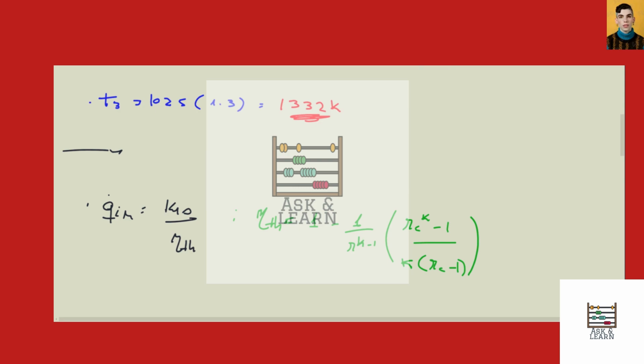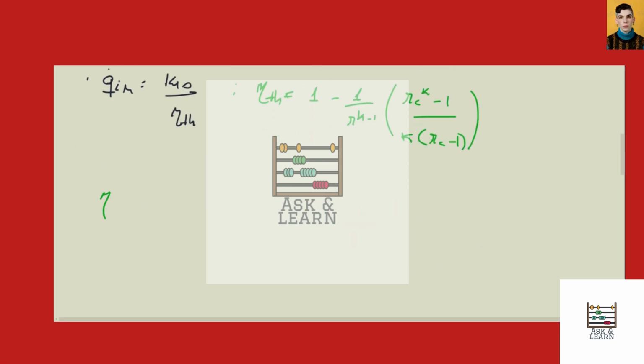Therefore, the thermal efficiency is going to be 1 minus 1 divided by 17 to the power of 0.4, multiplied by 1.3 to the power of 1.4 minus 1, divided by 1.4 times 1.3 minus 1. Calculating this, we discover that the thermal efficiency of this diesel cycle is 0.6597.